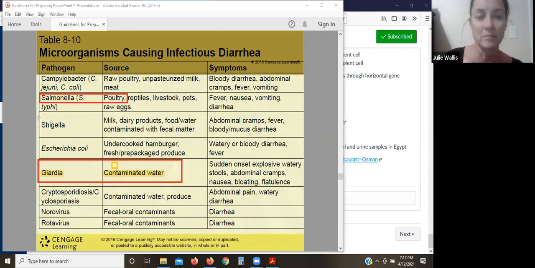Shigella is commonly in milk and dairy products. E. coli is often in hamburger or produce. My mouse is not working correctly for some reason. Cryptosporidiosis is in contaminated water. And then norovirus or rotavirus can be in fecal oral contaminants.